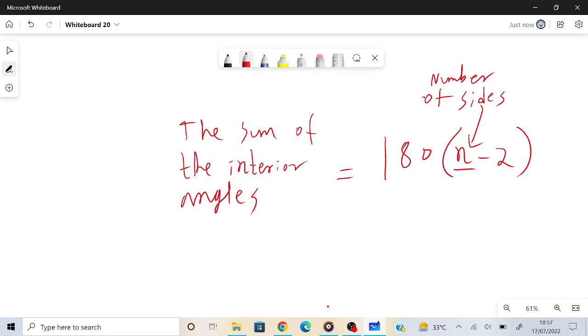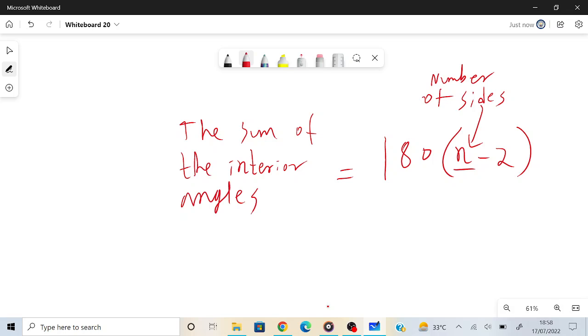So simply what this means is that when you have a polygon, in order to know the sum of all the interior angles, you should count the number of sides that polygon has, subtract 2 from it, and times that by 180. Let's take the square as an example. We know a square is a quadrilateral. A quadrilateral is any shape with 4 sides.